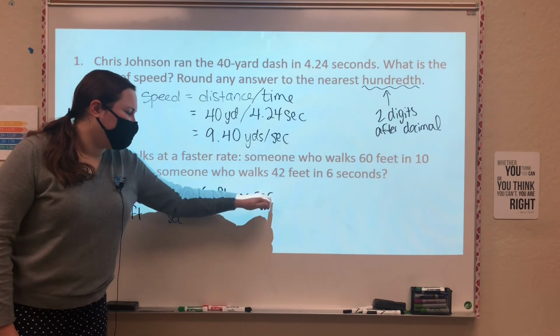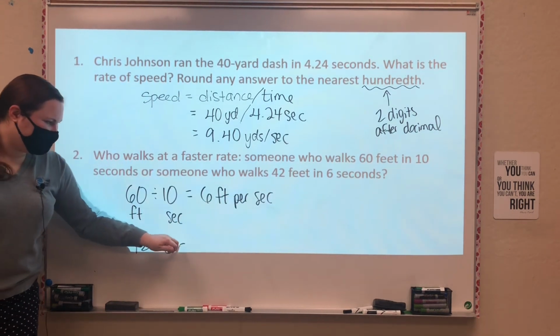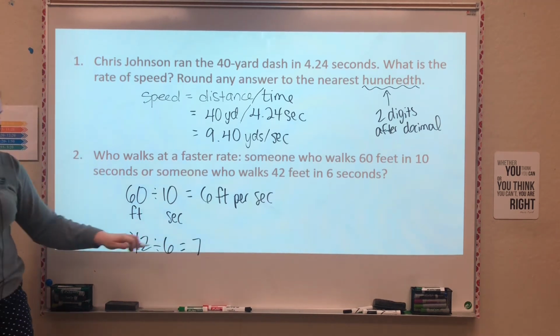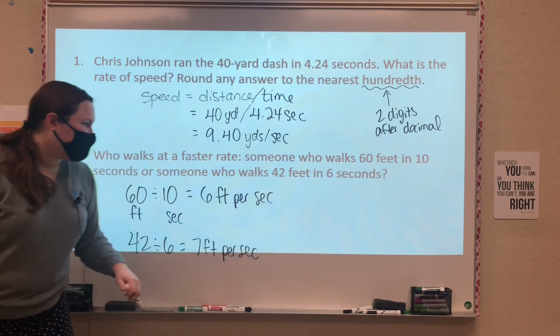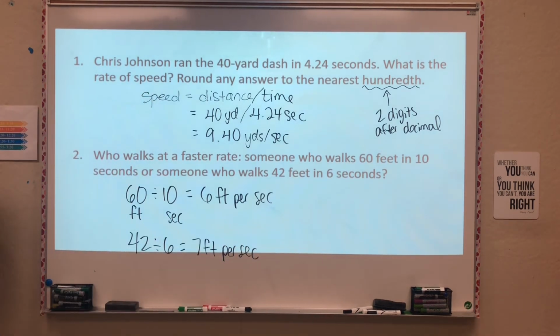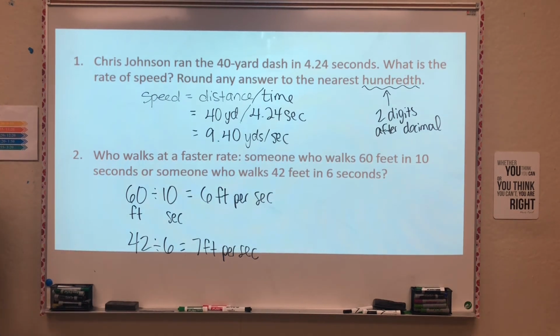Feet per second. 42 divided by 6, 7. 7 per second. Yep, feet per second. So the question, who walks at a faster rate? Yep, person number 2. You know, I love asking you why. How could you justify that to me? Because he walks 1 more foot.